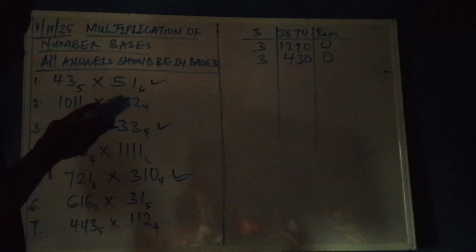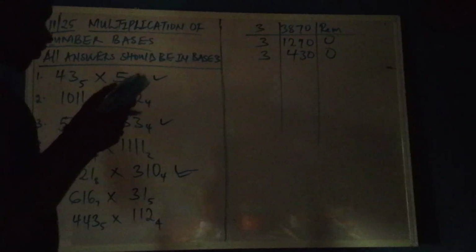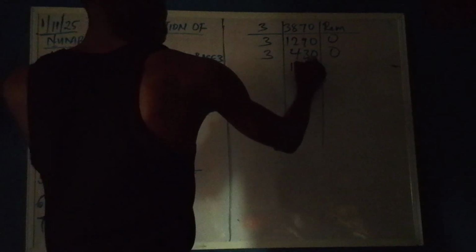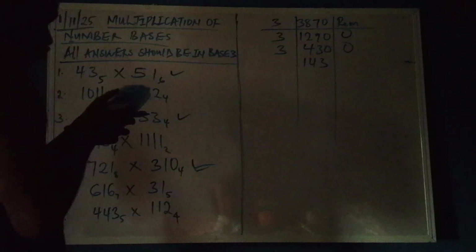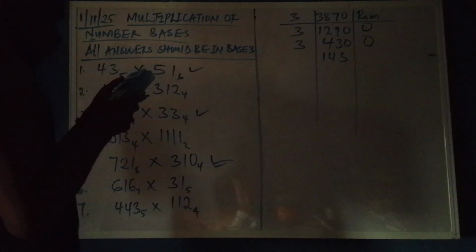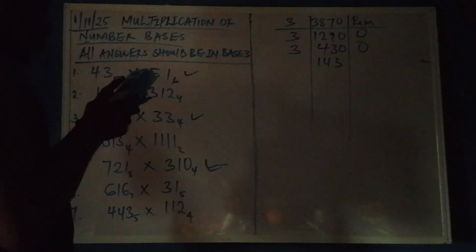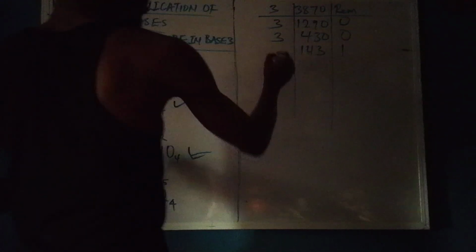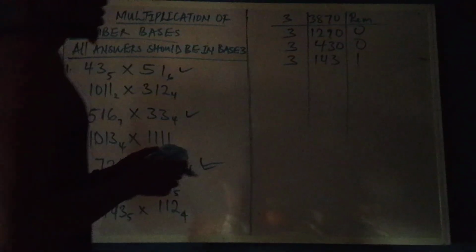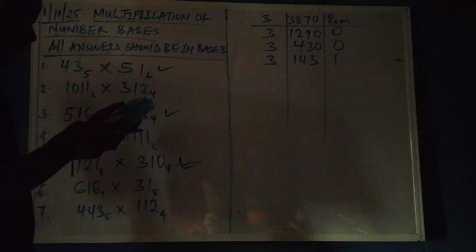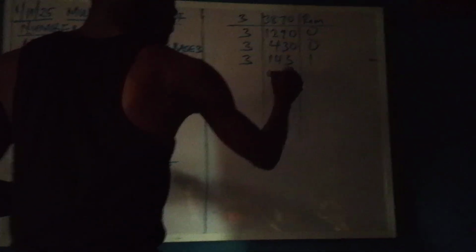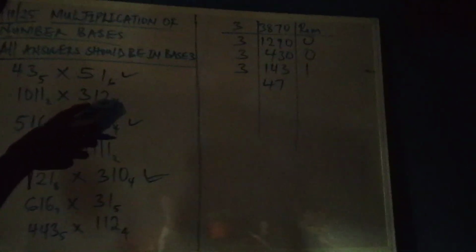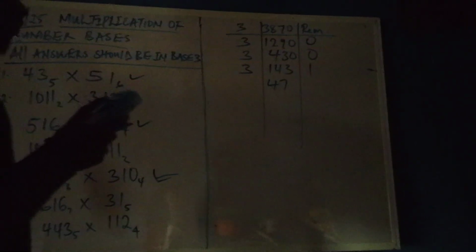So 430 divided by 3 is going to give us 143 remainder 1. So we divide the 143 again by 3, and we're going to have 47 remainder 2.